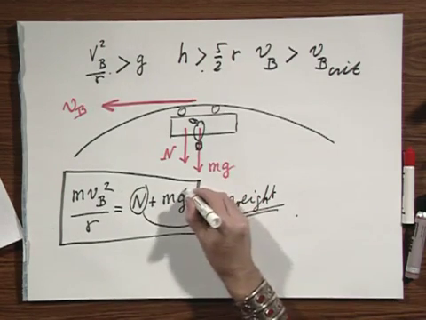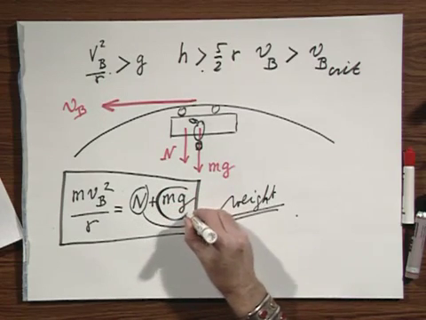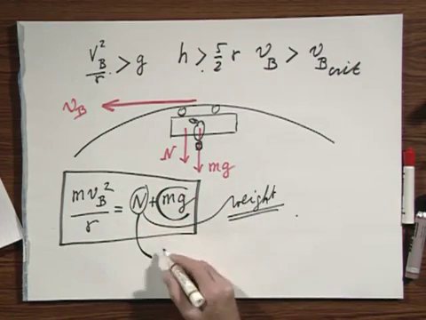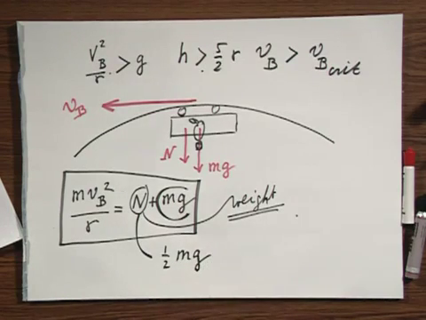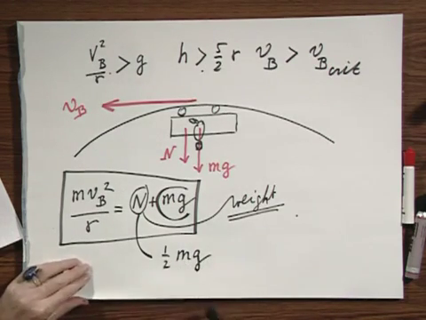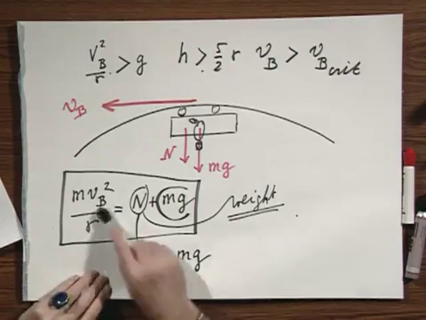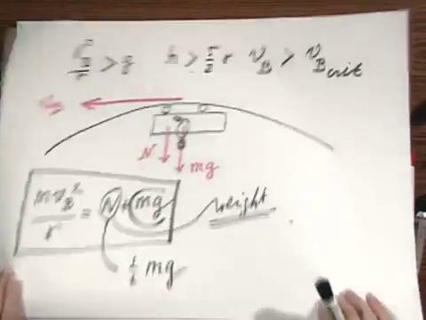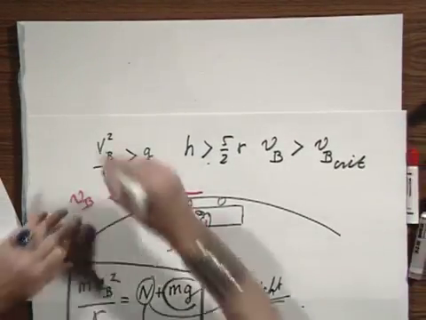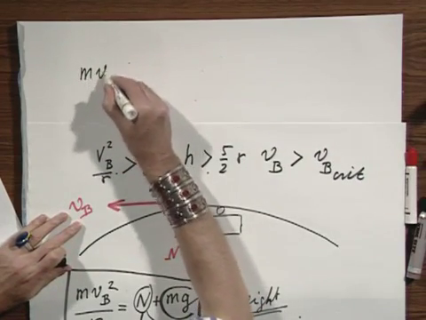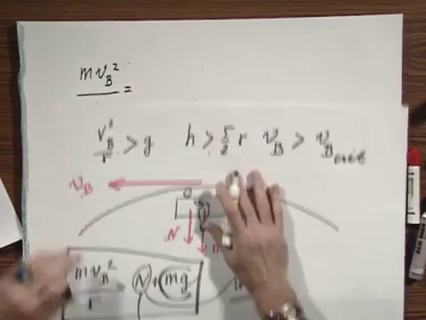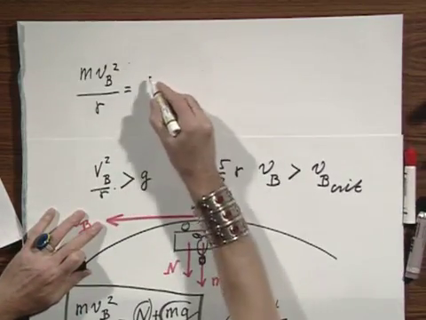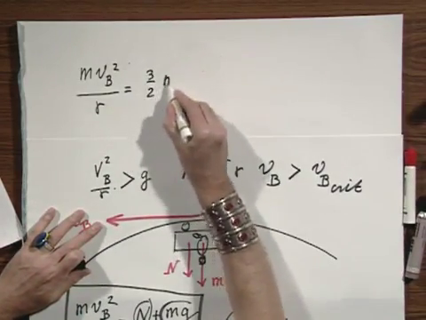Now you're being given that you read on the bathroom scale a weight of 1/2 mg. That's a given. And so I can rewrite this equation. So I get m v_B squared divided by r now equals 3/2 mg.